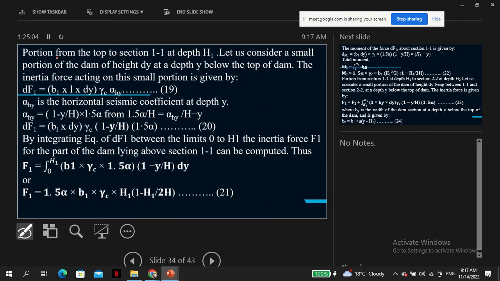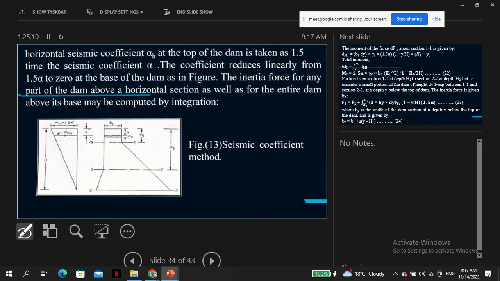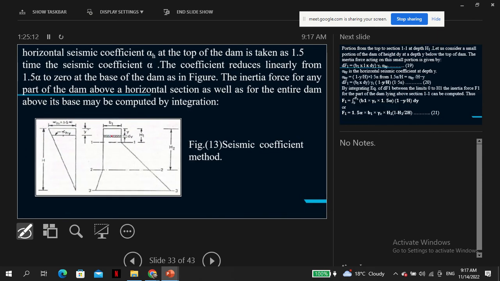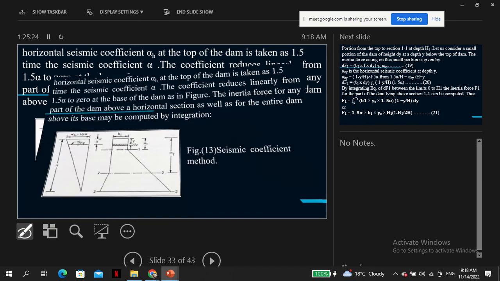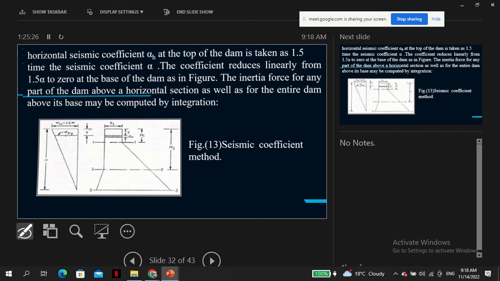So now the force is just the volume, of course. We're talking about this area. So the force would be, first of all, the area b1 times dy, times the acceleration from the earthquake.